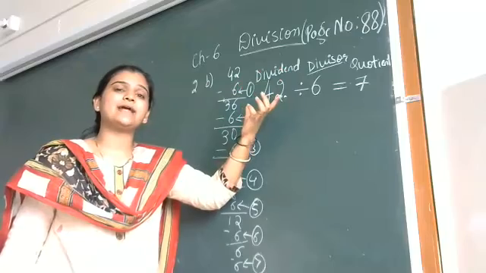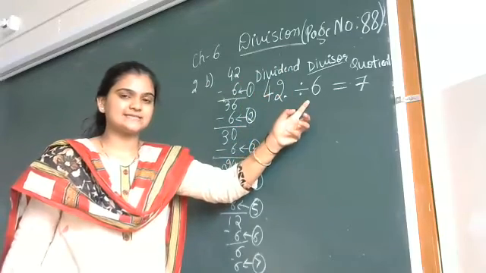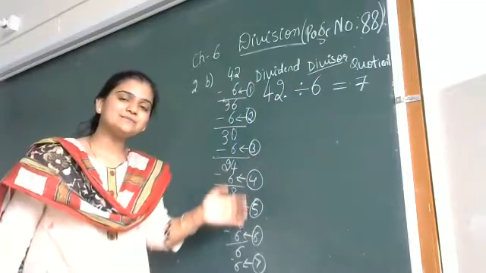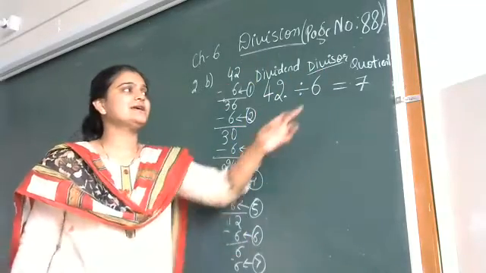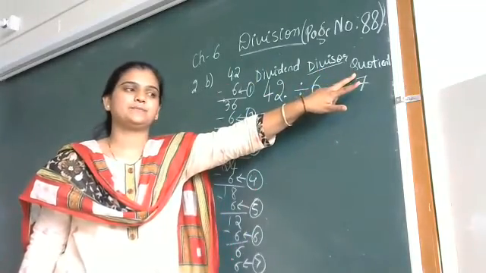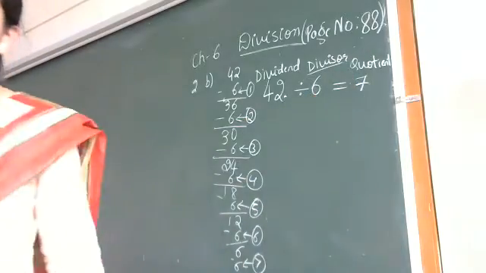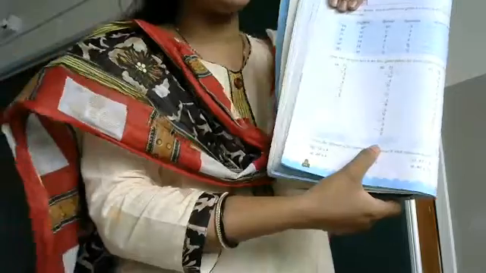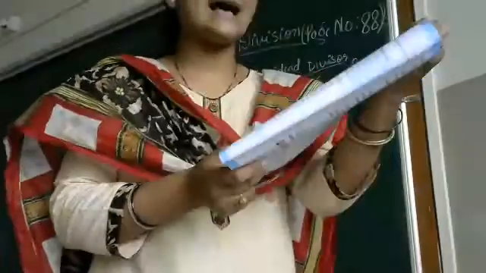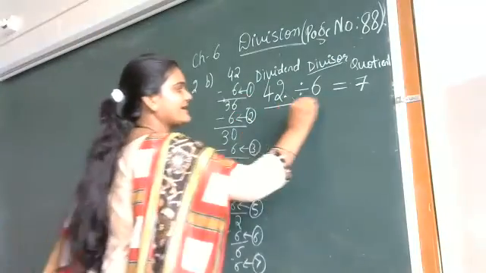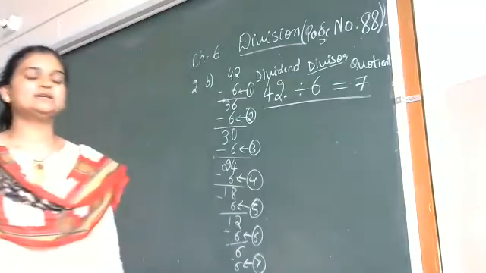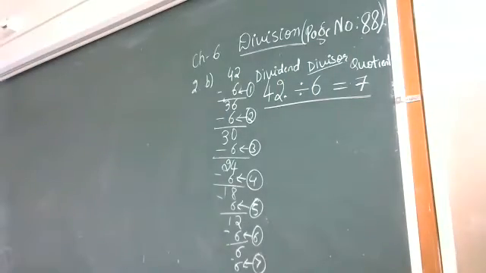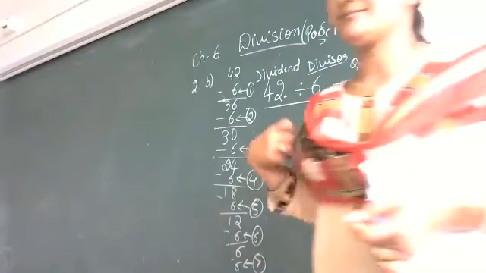The number being subtracted, 6, will be our divisor. How many times it is subtracted is our quotient. So what will be the division fact? You will have to write it in the box as 42 divided by 6 is equal to 7.